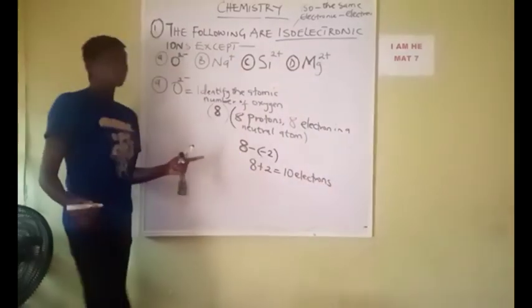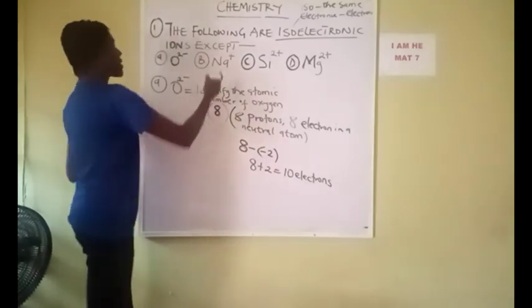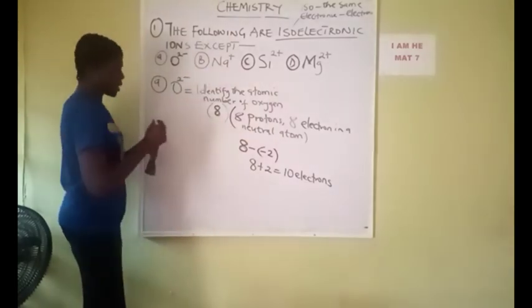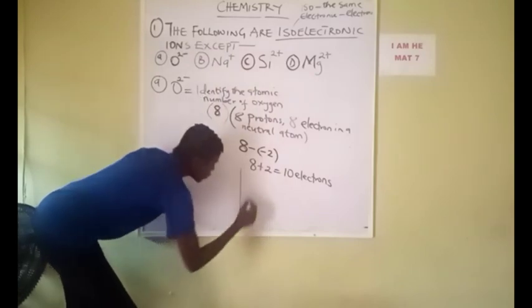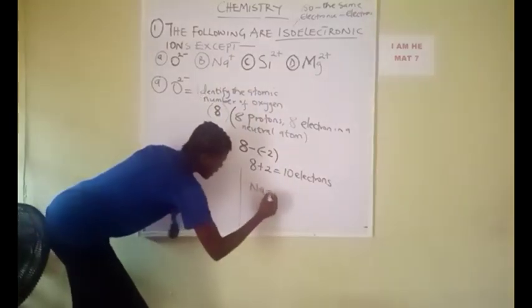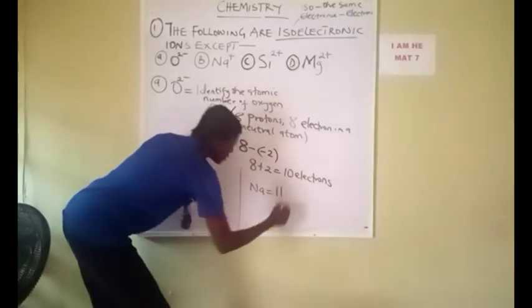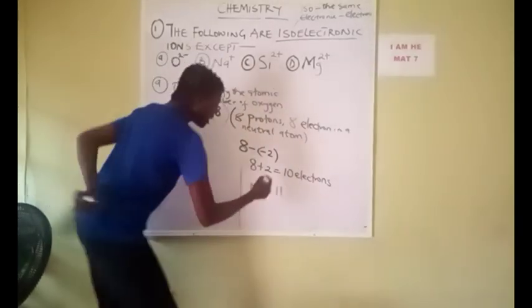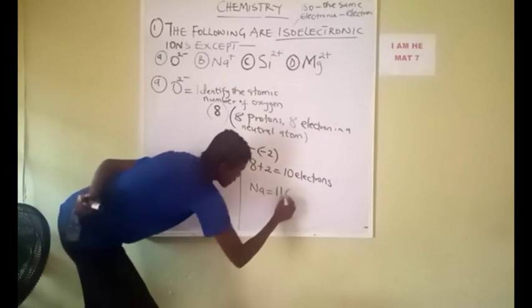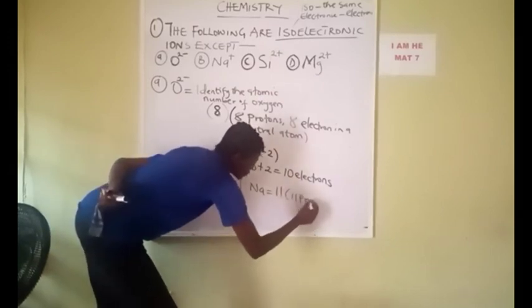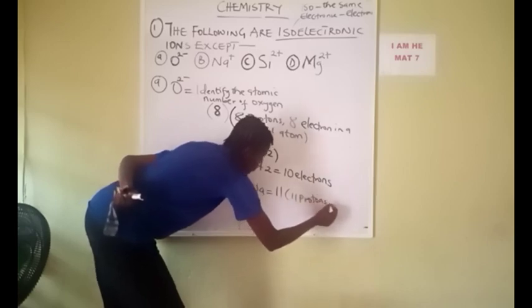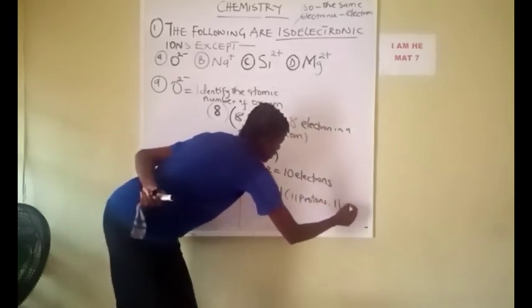So the same principle applies to the other ones. Let's see for sodium. Sodium has 11 as its atomic number, so it has 11 protons and 11 electrons.